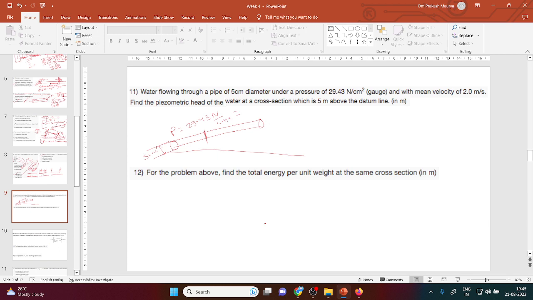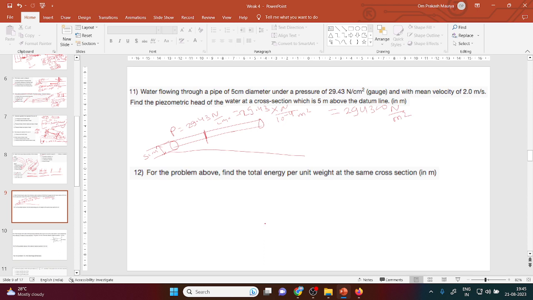You need to convert it to meters. 29.43 Newton, and for centimeter square you need 10 to the power minus 4 meter square. So how much? 294300 Newton per meter square.